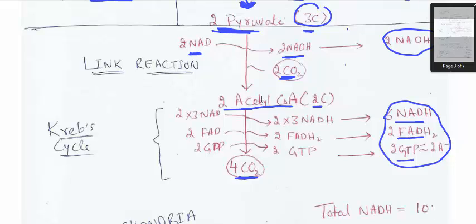And note here, we are talking about 2 acetyl-CoA. When 2 acetyl-CoA enter into Krebs cycle, we get 6 NADH, 2 FADH2, and 2 GTP. And now you can calculate what will happen if 1 acetyl-CoA is oxidized in Krebs cycle. We'll get 3 NADH, 1 FADH2, and 1 GTP.